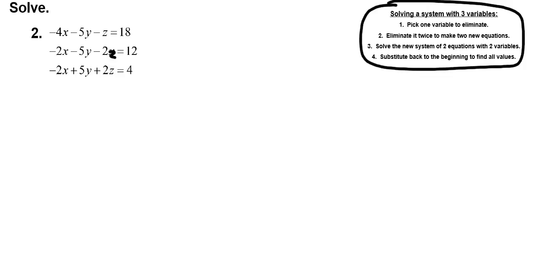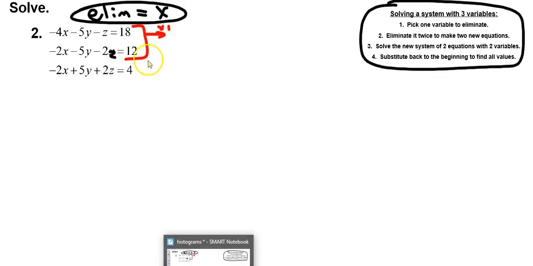In this case, it doesn't really look like one is going to be particularly easier than any of the others. They're all fairly simple to work with. Let's eliminate the variable X. I'm just going to write up here as an abbreviation, we're going to eliminate X.